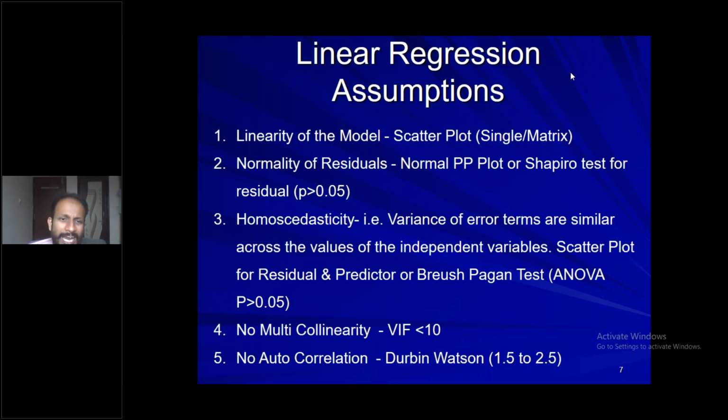We will be using this scatter plot to show how the variance of the error term is constant, right? So this is what we call homoscedasticity. It actually captures the variance of error term. If the variance of error term is same across the independent variable, we call it homoscedasticity.